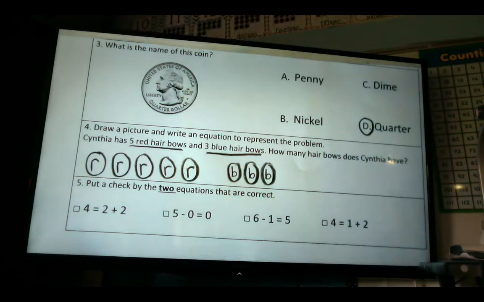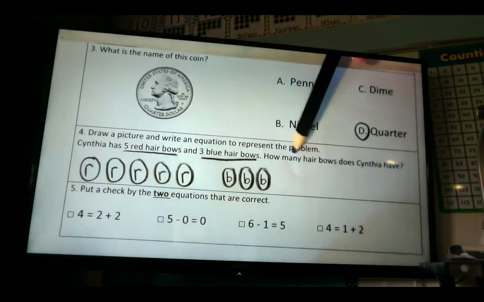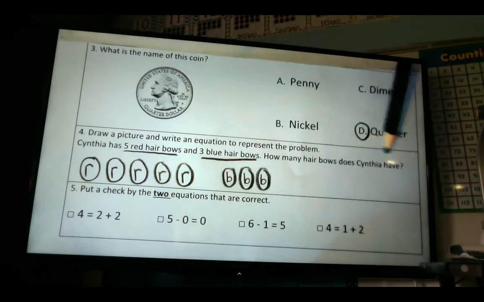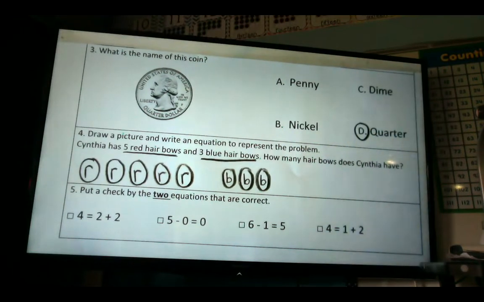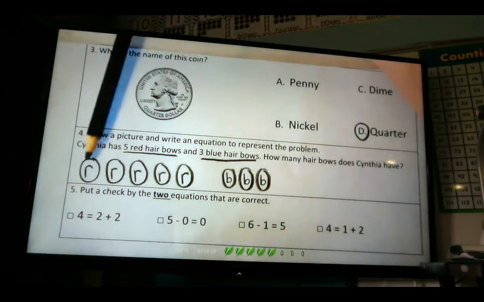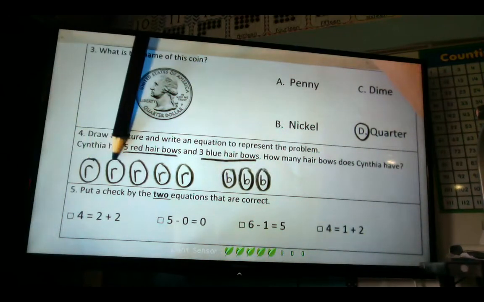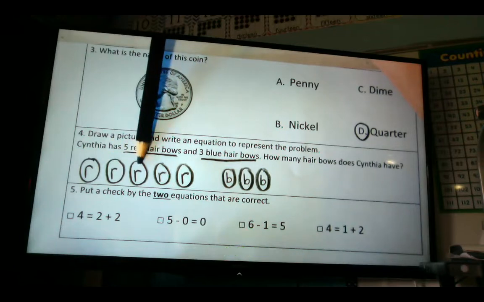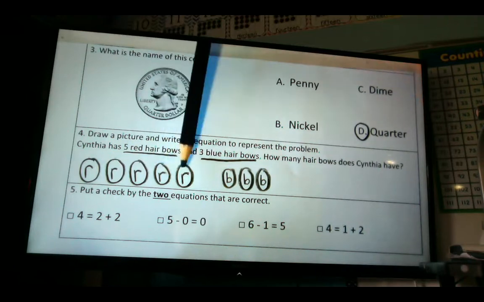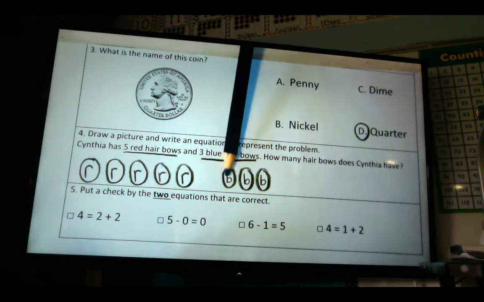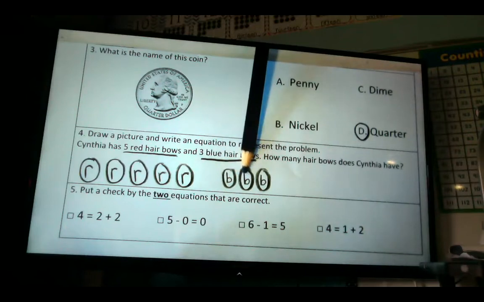Now, the question says, how many hair bows does Cynthia have? Well, these are all of Cynthia's hair bows. So let's count to see how many she has. Count with me. 1, 2, 3, 4, 5, 6, 7, 8.